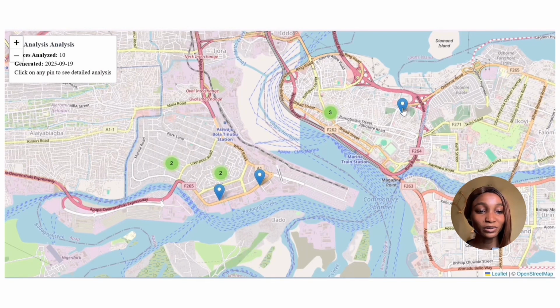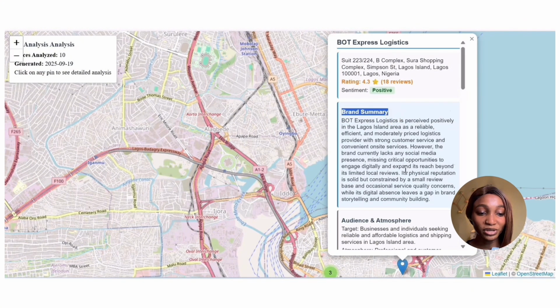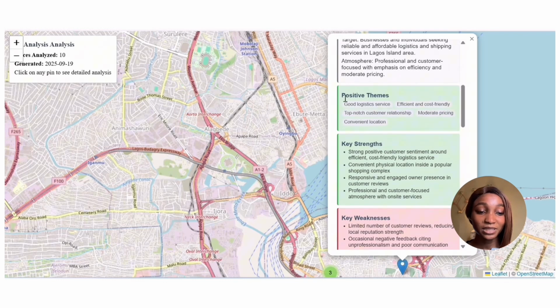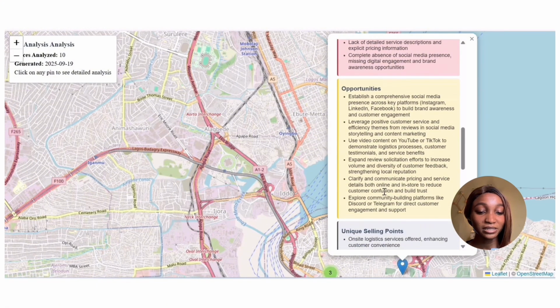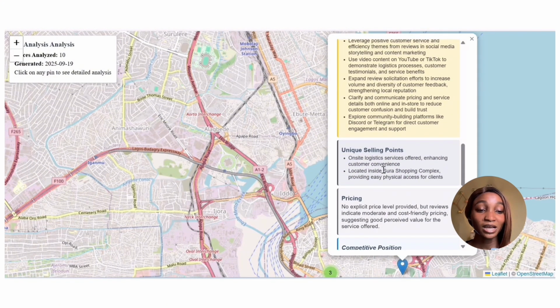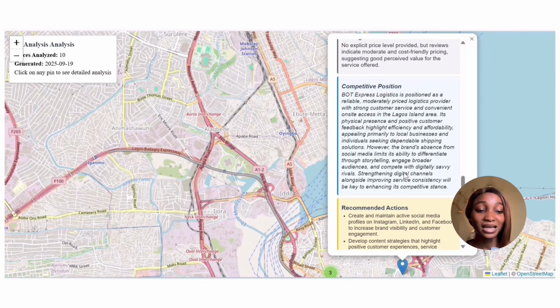When you click on any one, you can see the competitor name, where it is located, the brand summary, the positive things about them, their key strengths, their key weaknesses, opportunities for improvement, their pricing levels, their competitive position, and recommended actions.